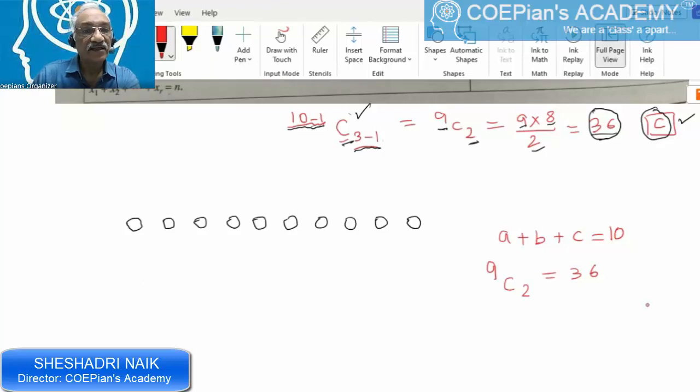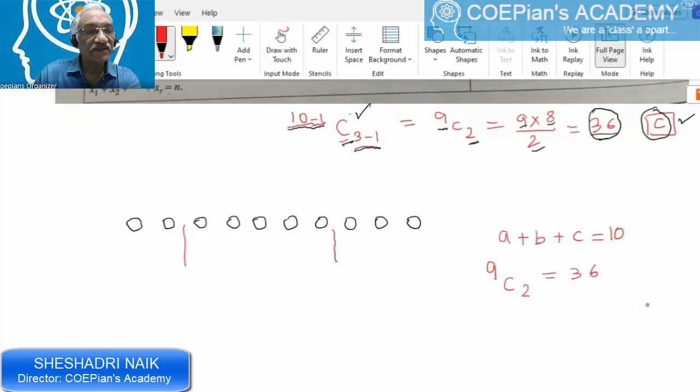I'm going to use 2 separators or partitions or flaps. That is what I'm going to use to split these 10 circles. So let me just as an illustration, put the first partition here and the second partition here.